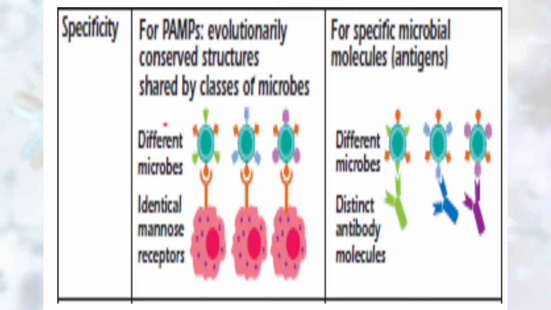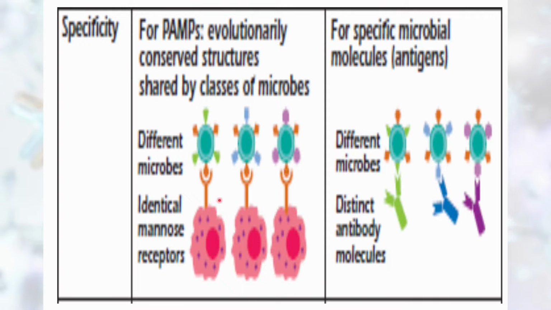So this picture depicts the difference between innate immunity and adaptive immunity. For innate immunity, as you can see, all of the classes of microbes, regardless of species, as long as they're all gram-negative, share LPS, lipopolysaccharide, the orange one. So this is what's recognized by the PRR, the toll-like receptor.